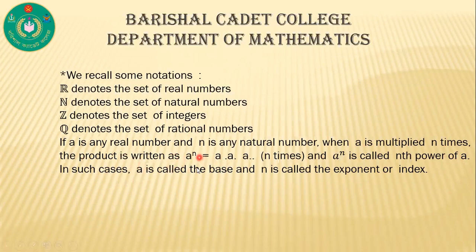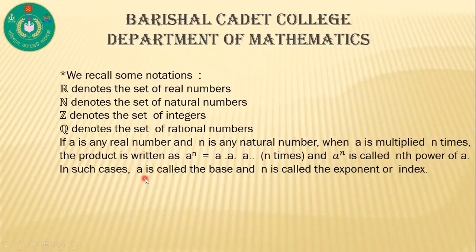Now we repeat this again. If a is any real number and n is any natural number, when a is multiplied n times, the product is written as a to the power n is equal to a dot a dot a dot dot n times, and a to the power n is called the nth power of a.